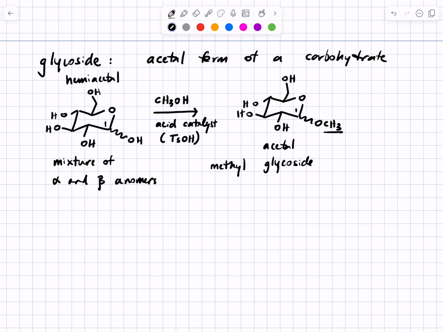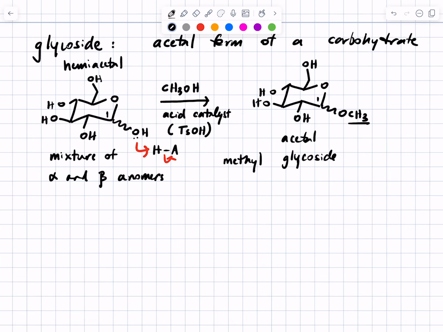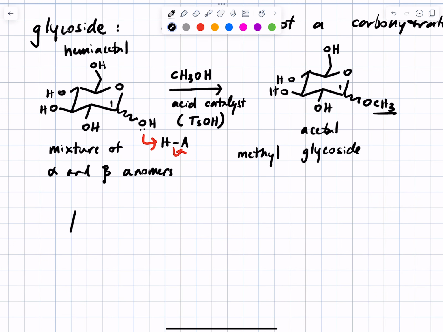It's actually quite simple. You're going to first protonate the oxygen with your acid. This is exactly the same as how we interconvert alpha and beta anomers in the first place. So now the OH is a good leaving group.